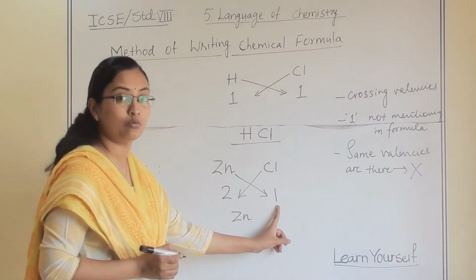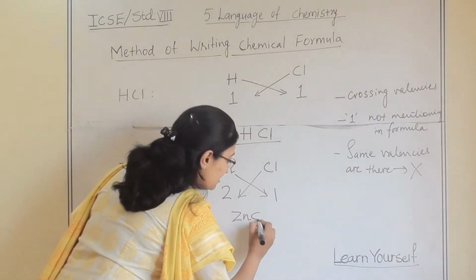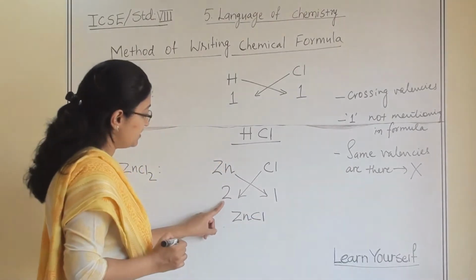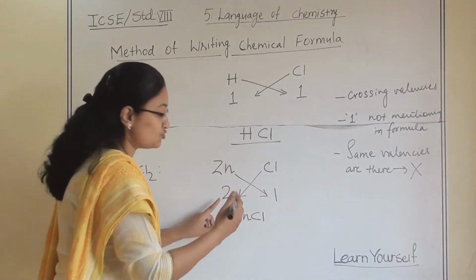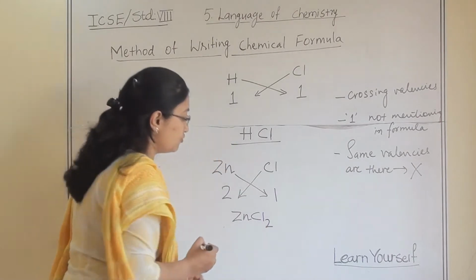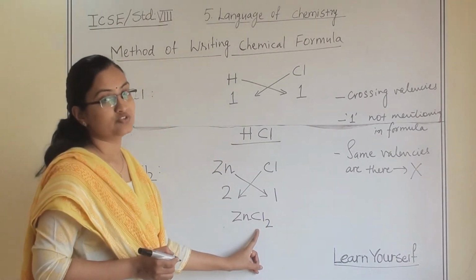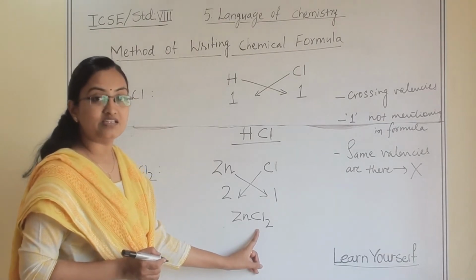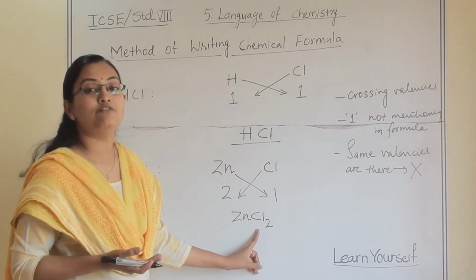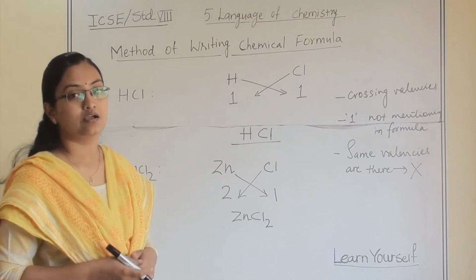So we are not mentioning the 1. And when we are writing Cl, 2 is zinc's valency, so we are mentioning here 2. So this is our compound zinc chloride. So this is the way we are writing a molecular formula for each and every compound.